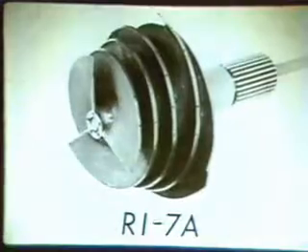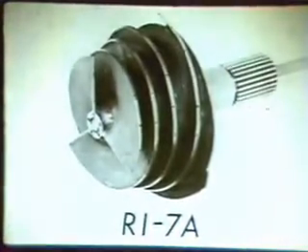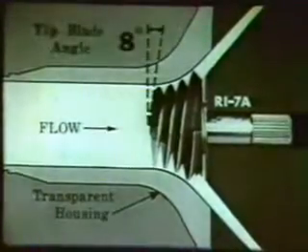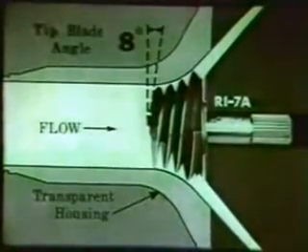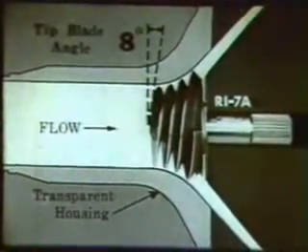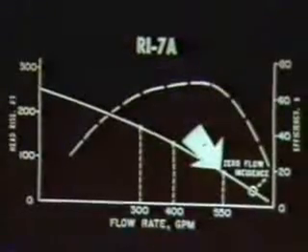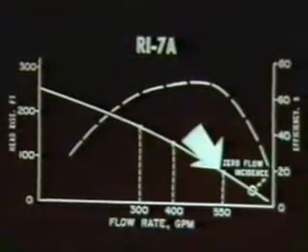The first impeller tested was the RI-7A. Its tip blade angle of 8 degrees was the lowest of those tested. The arrow indicates the condition at which the runs were made.